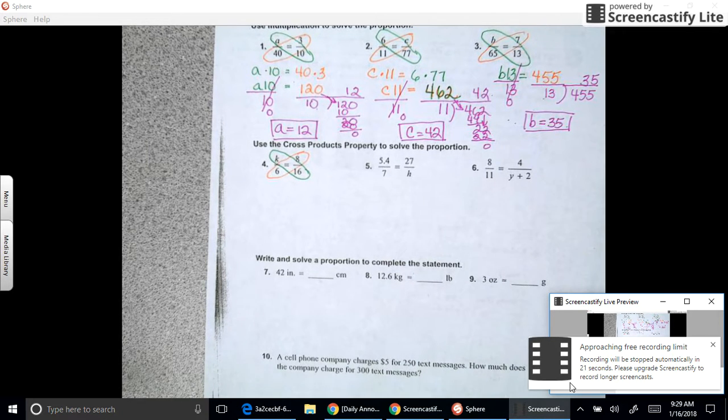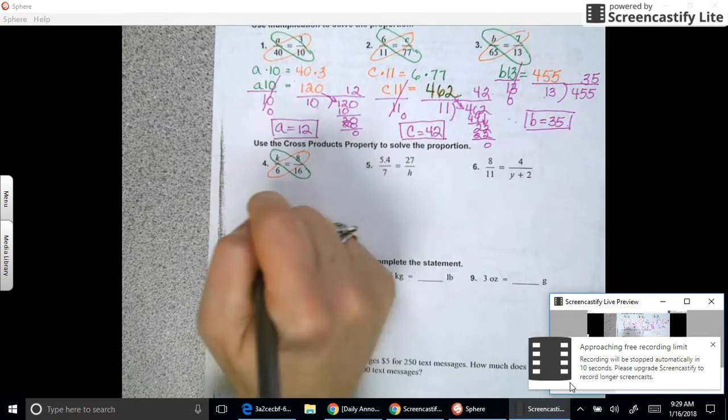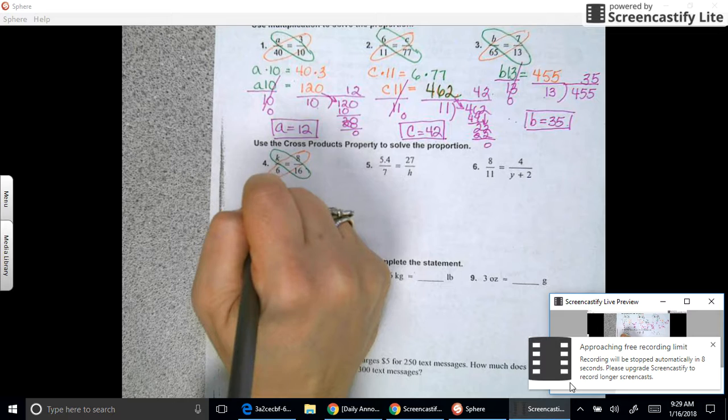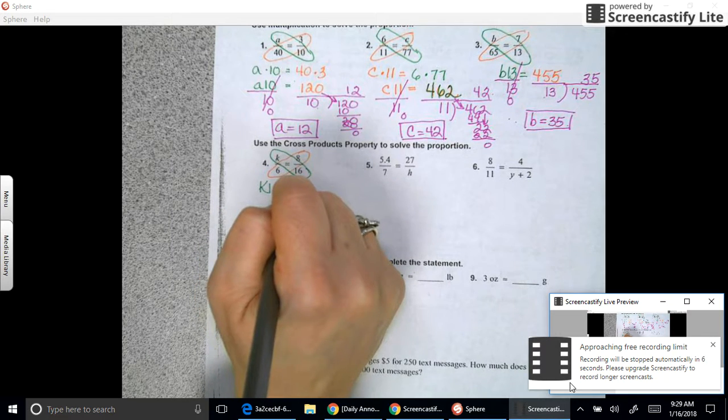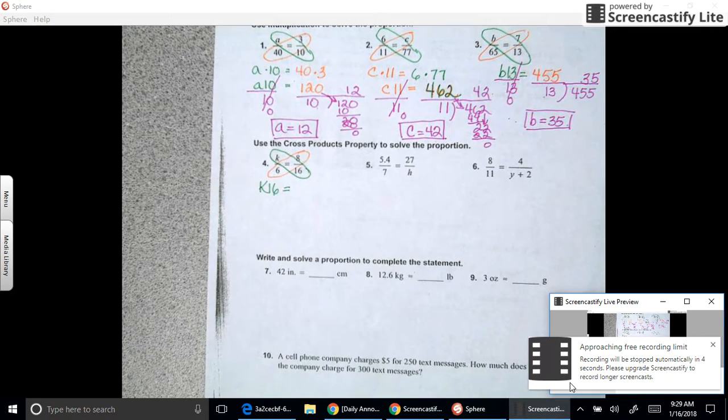So what is k times 16? Aiden, what's k times 16? It's just k16, right? But now I need to know what 6 times 8 is.